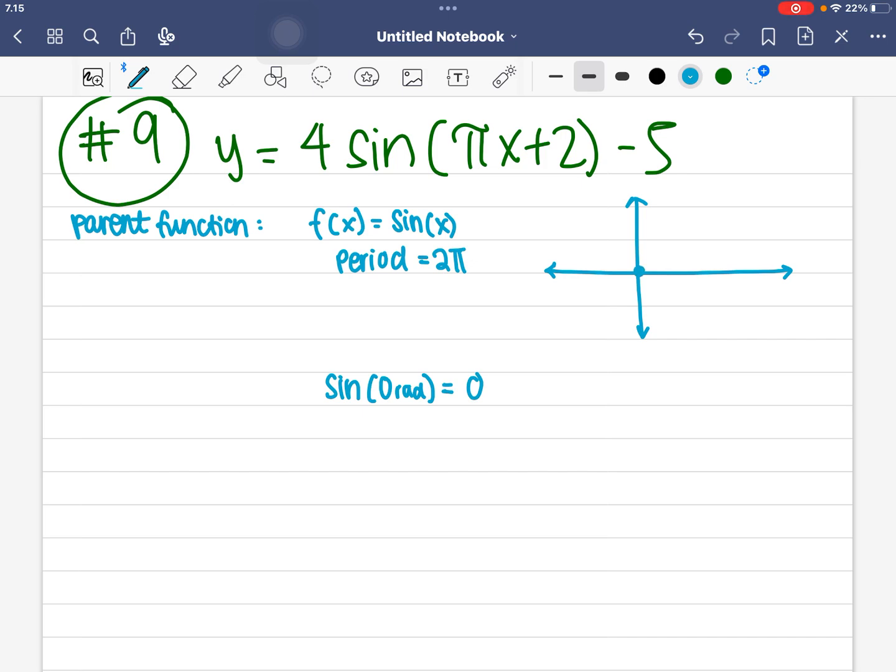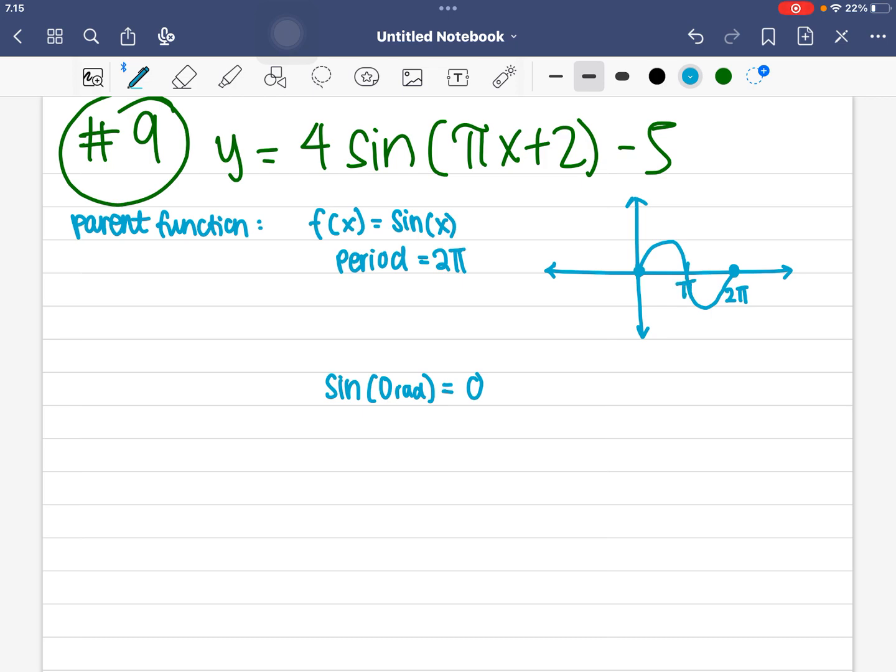Since the period is 2 pi, you know that the distance from one peak to the other is going to be 2 pi. So 2 pi here. And one cycle looks like this, right? Okay, and we know halfway between 0 and 2 pi, that's 2 pi plus 0 is 2 pi, divided by 2 is pi.